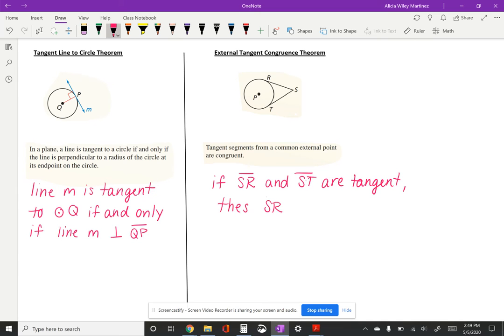So SR is congruent to ST. Okay, so being able to say that those are congruent will allow you to set them equal and possibly find more values. So let's look at an example that uses this idea here.